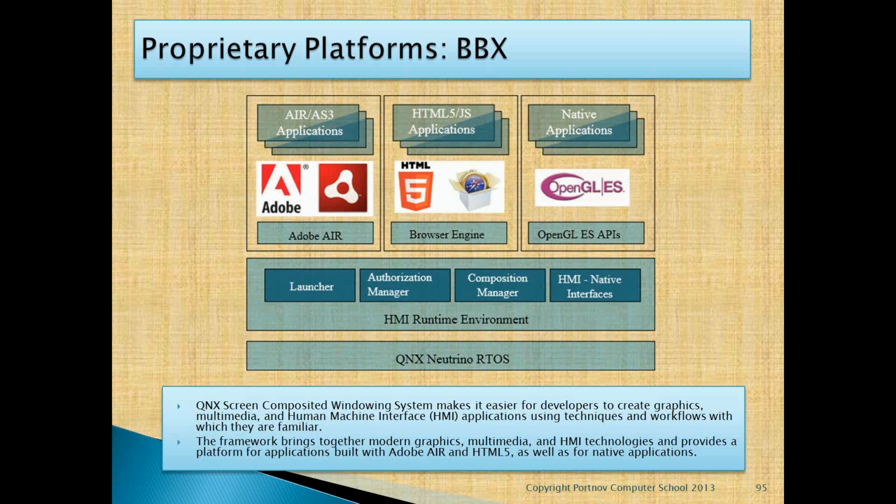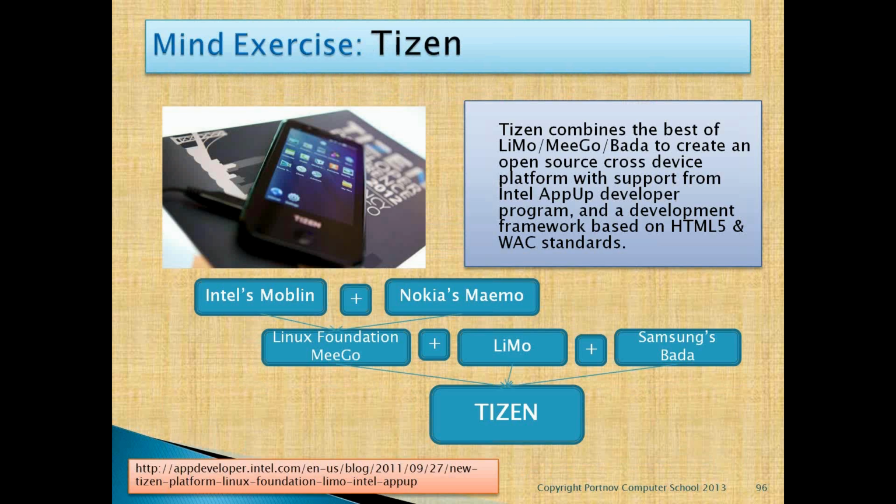So, Tizen, my favorite. Again, nobody knows this name, but I created a little bit of a pattern showing how Tizen was created. Everybody knows Intel, a huge company. Everybody knows Nokia and Maemo, a very successful project back in 2010.